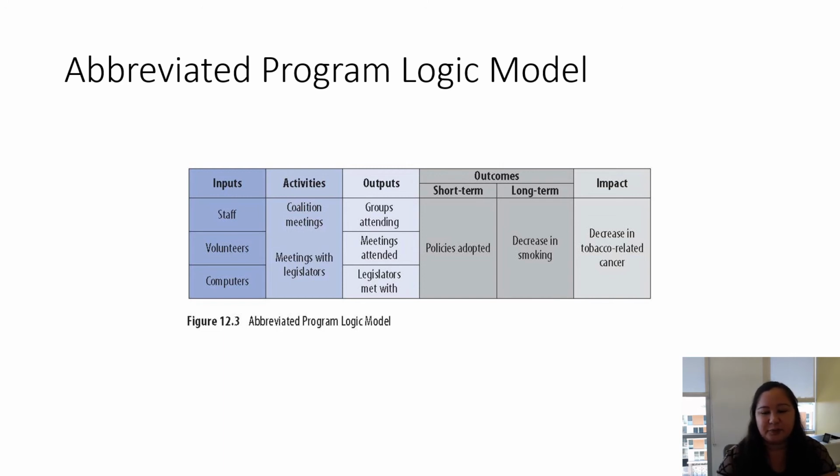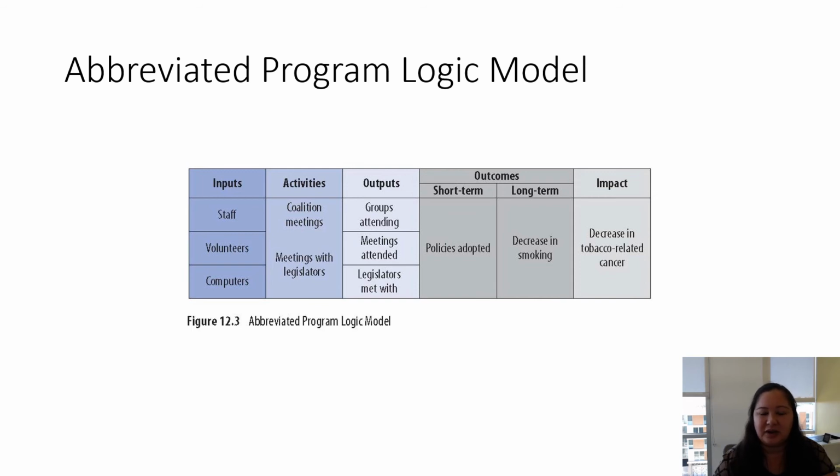You have groups attending the coalition meetings, you're meeting with legislators and having conversations, and all of that leads to a policy being adopted, which was your short-term goal or the outcome you were looking at. Long term, especially with tobacco-related policies, you might see a decrease in smoking, and even more long term, when you're thinking about the health impact, you might see a decrease in tobacco-related cancer.